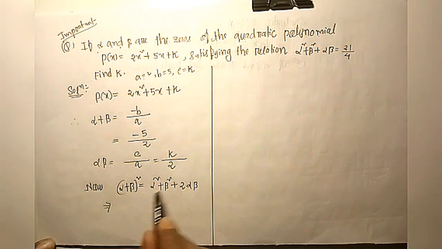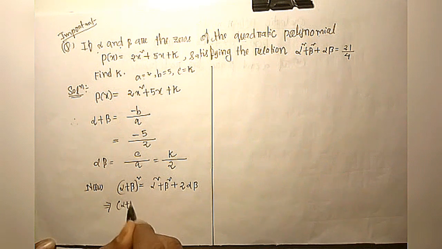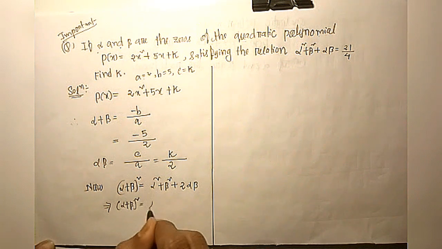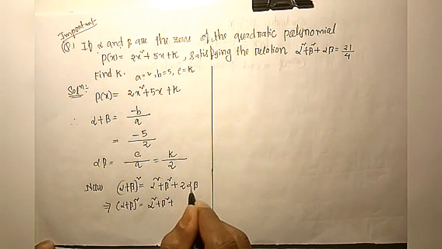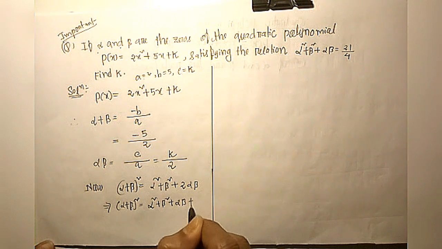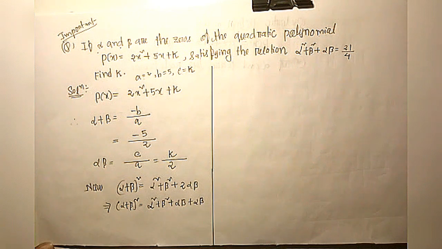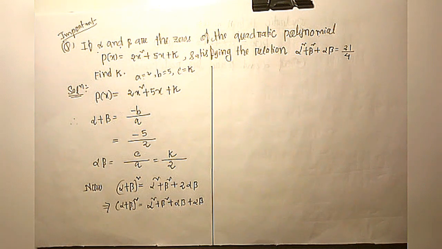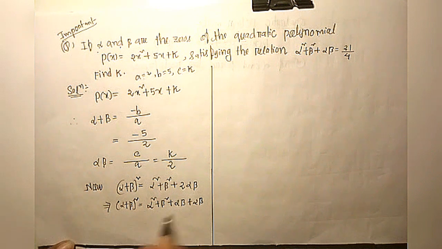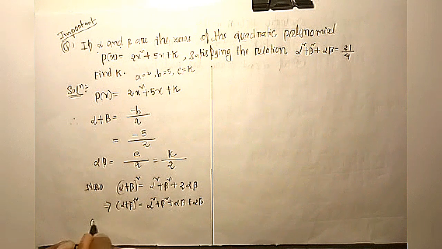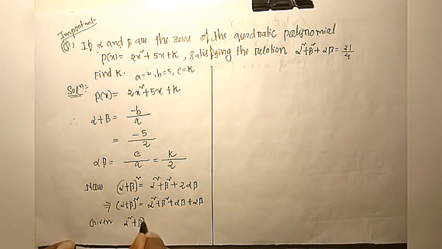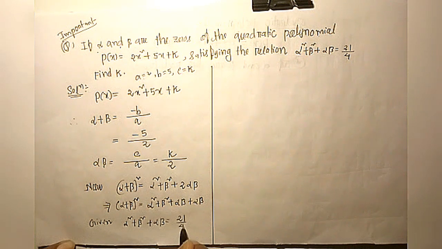So alpha plus beta whole square equals alpha square plus beta square plus 2 alpha beta, and you can write 2 alpha beta as alpha beta plus alpha beta. Now alpha square plus beta square plus alpha beta is given as 21/4.